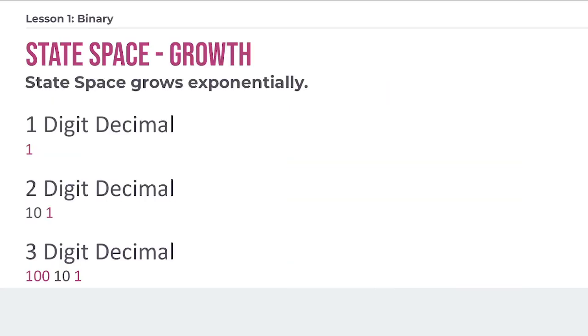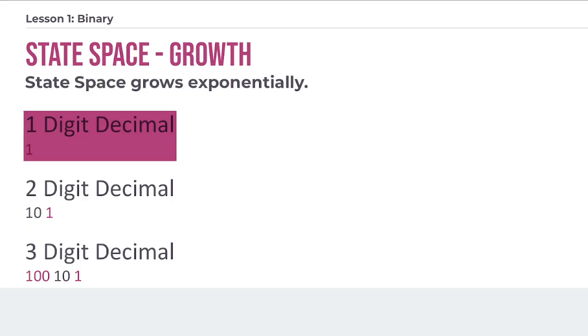So how does state space grow? We talk about this relationship between the growth that number systems have when we increase place values. This is an exponential type of growth, all right? Where if you've got 1 digit, you can encode 10 different numbers.